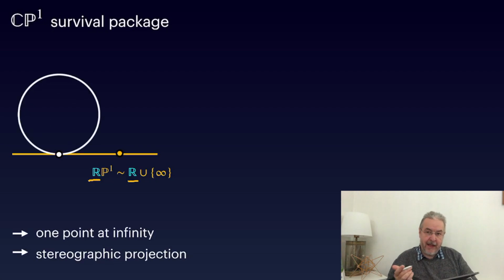So already there, this process of wrapping up the projective line with its point at infinity to a circle was closely related to stereographic projection.